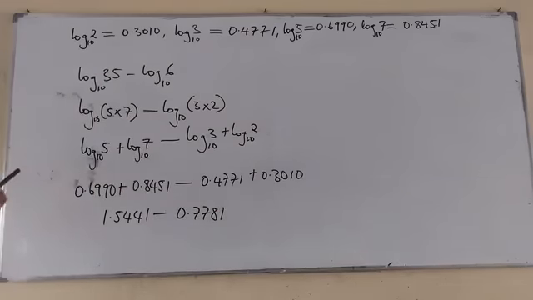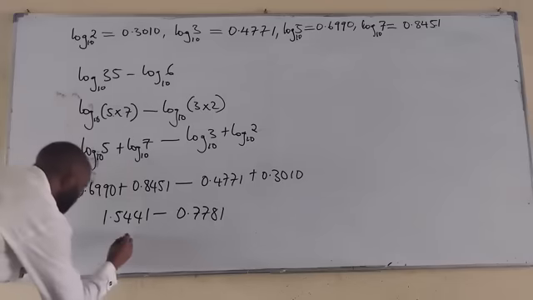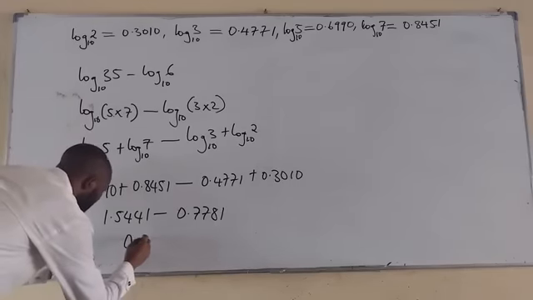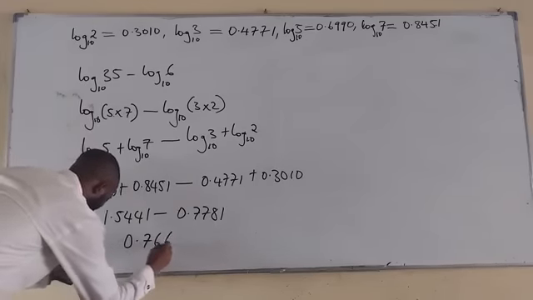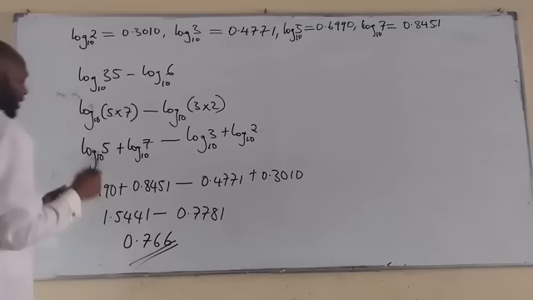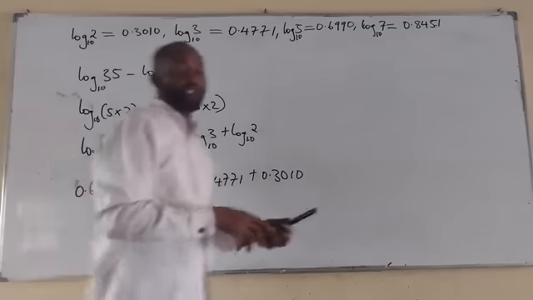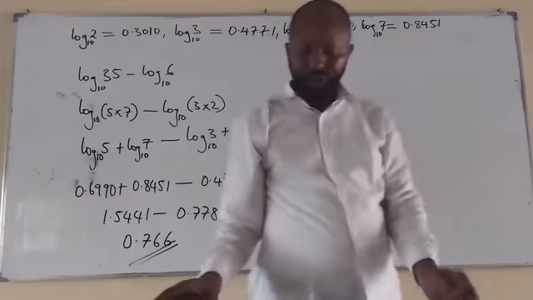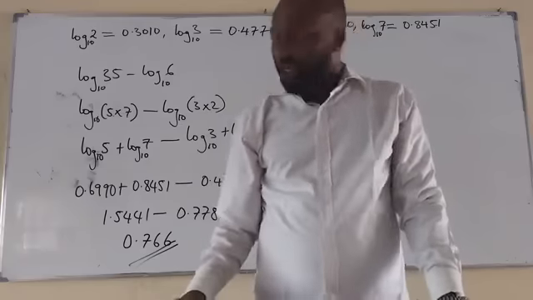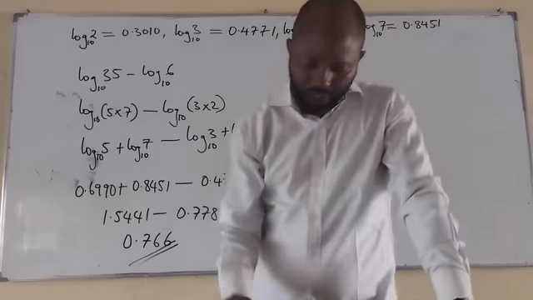When I subtract this from that, 1.5441 minus 0.7781 is 0.766 as our final answer. So this is substitution and how it goes. Okay, let's take another one.